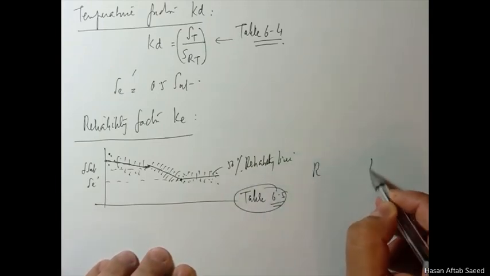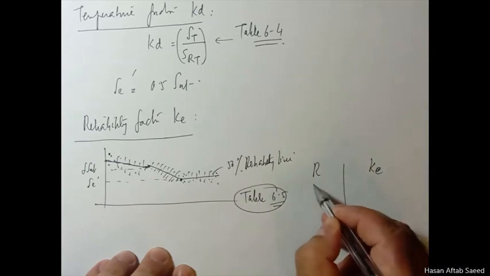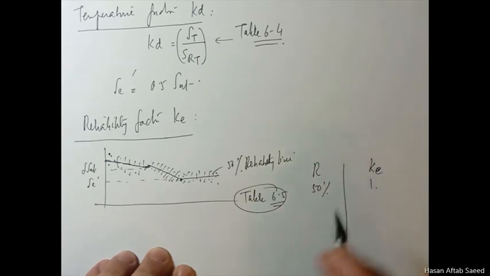There's a table like this, reliability and KE. For 50% reliability, this correction factor is 1. You don't need a correction factor basically.